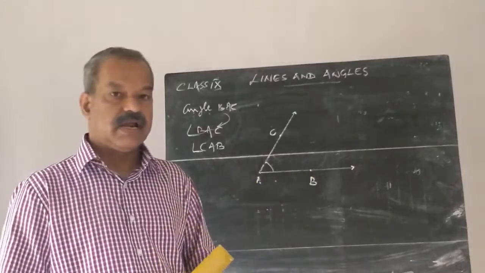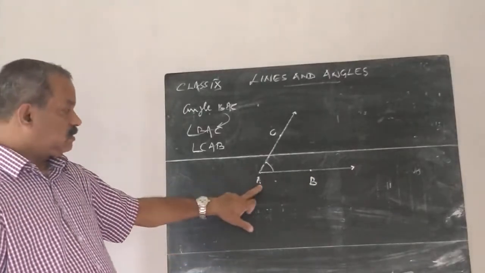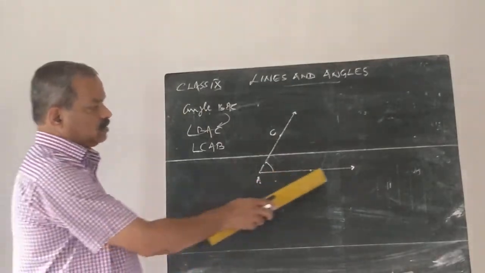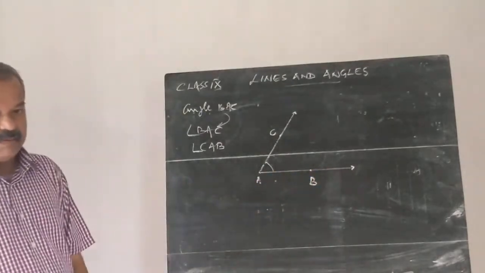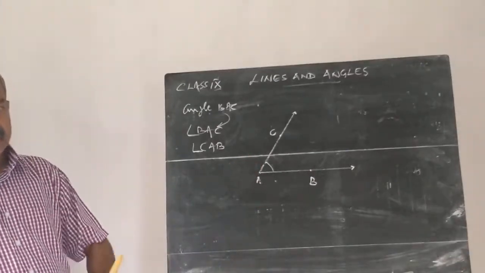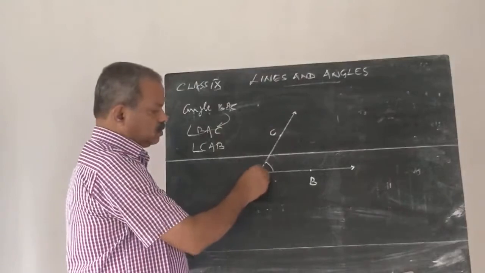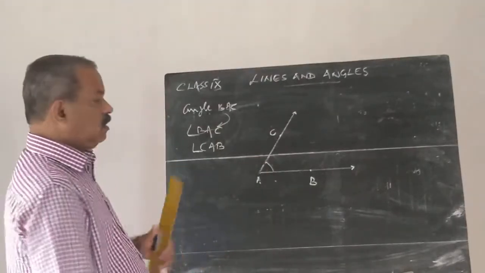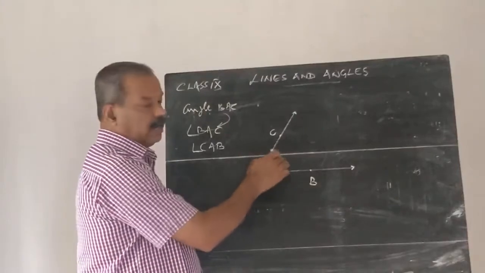So what is an angle? An angle is made by two rays. If the endpoints of two rays are the same, then they make an angle.